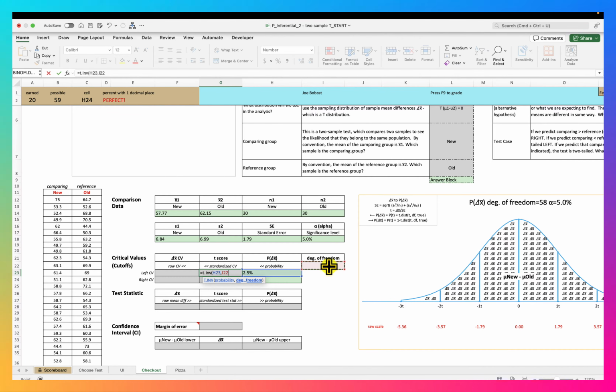Though this time is kind of curious, because the sample sizes are both the same. Notice how the degrees of freedom actually is n1 plus n2 minus 2. Whereas in one of our other examples, sample sizes were different, and you couldn't do it quite that simply.